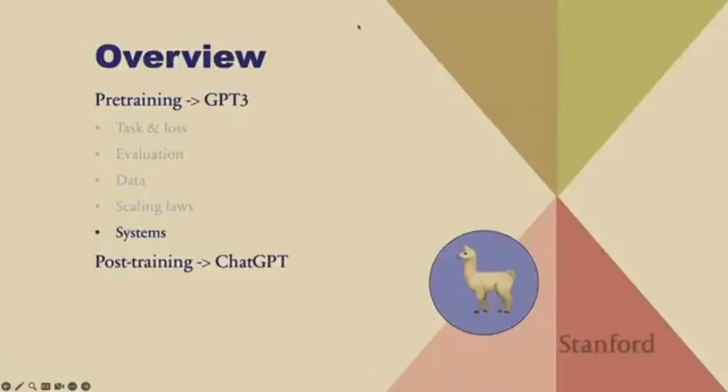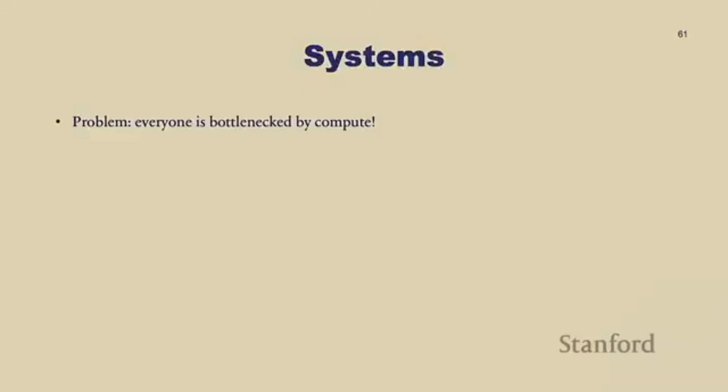Great. So I think I have 5 minutes, right? Okay. I might try to give a high-level overview, at least of one of the systems tricks. Systems, as we said, for everyone, compute is the huge bottleneck.